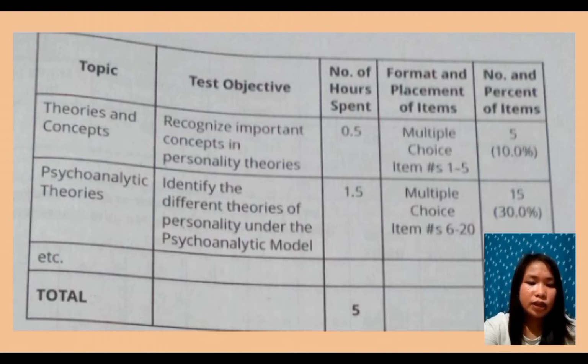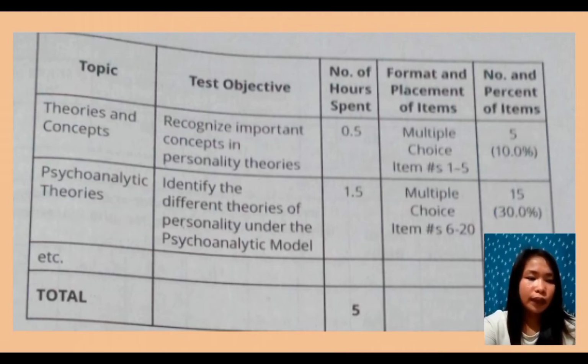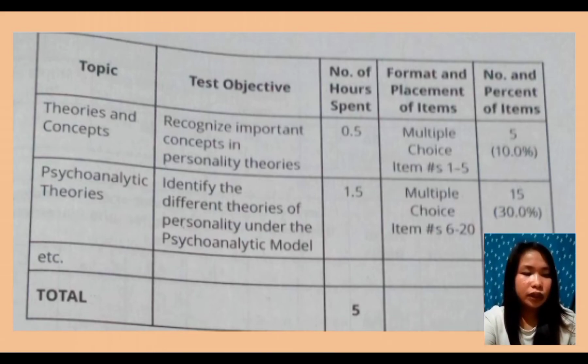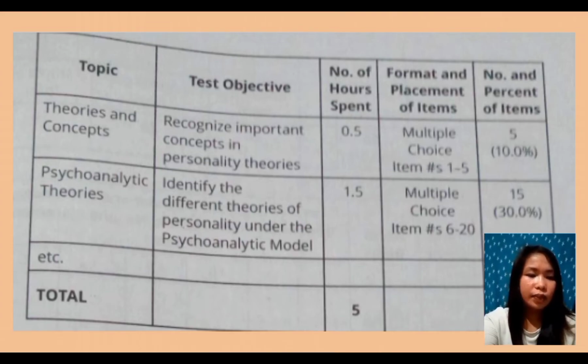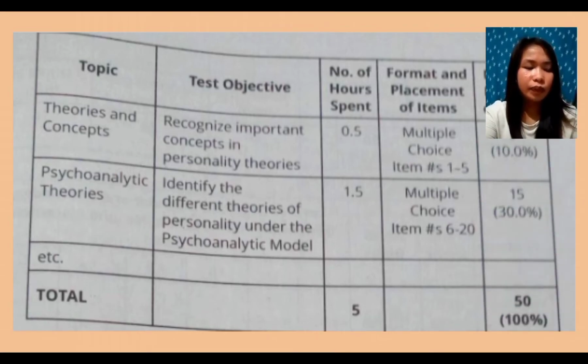Psychoanalytic theories: identify the different theories of personality under the psychoanalytic model. Number of hours: 1.5. Format and placement of items: multiple choice, item numbers 6 up to 20. Number and percent of items: 15 or 30.0%. Total number of hours: 5. Number and percent of items: 50 or 100%.